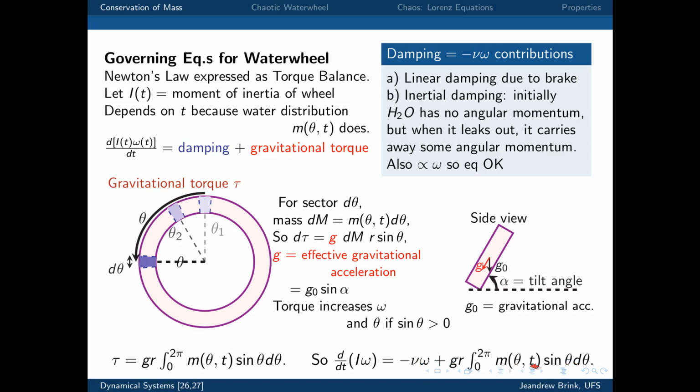Okay, right. So that's our second equation. So let's go ahead and see how we solve both of these two equations together, in other words, the mass conservation and this torque equation, and how we eventually end up with a set of equations that looks like the Lorenz equations.